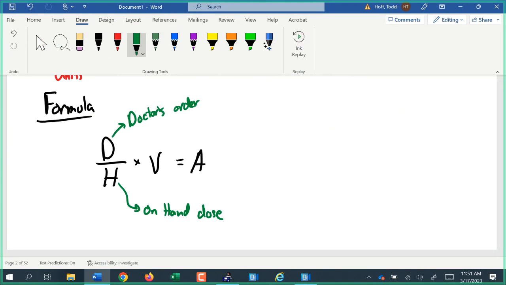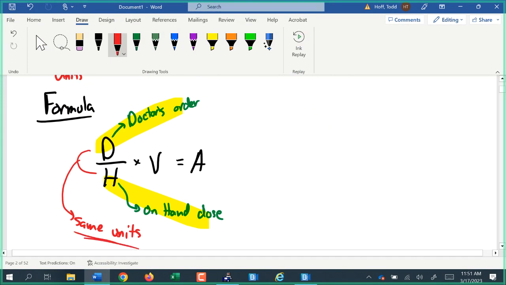Might be capsules, how much is in a capsule, or the concentration in a solution or whatever. These two must have the same units. If they don't have the same units, then we're going to have to convert, because the units on those two amounts have to cancel out in this formula for the formula to work.